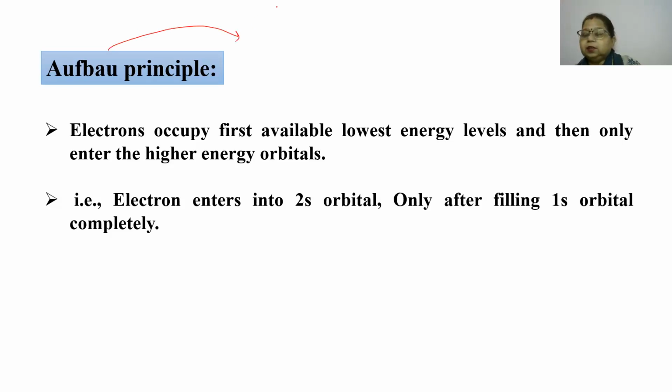Please remember, in most scientific terminologies, the names are taken from the name of a scientist, but Aufbau is a German word. Please note down. It may not be important for your school exam, but it is important from the perspective of the competitive exams, right? It is a German word which means building up.